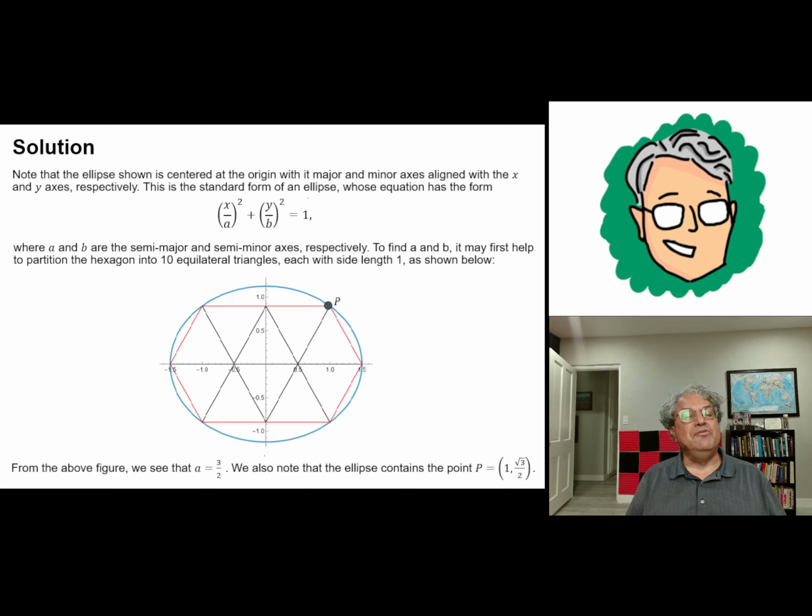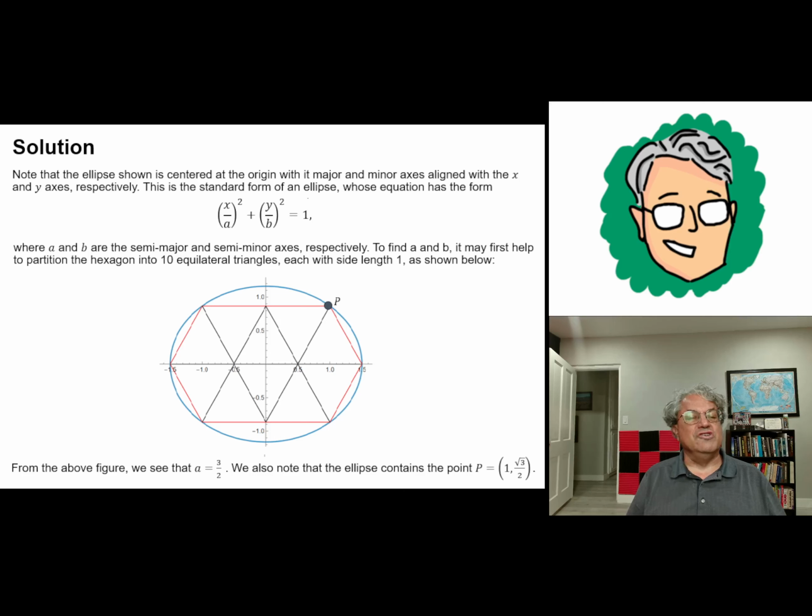At its top vertex, the x-coordinate of that point is 1, and the y-component is square root of 3 over 2, which is the height of this equilateral triangle. You may remember that the height of an equilateral triangle of side length 1, whose base is along the x-axis, is square root of 3 over 2.